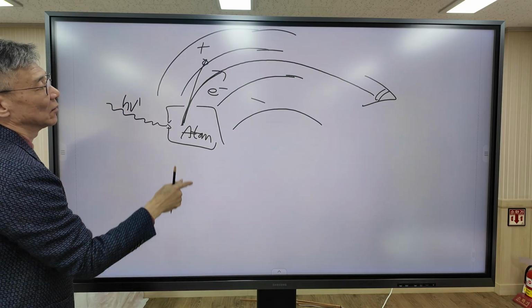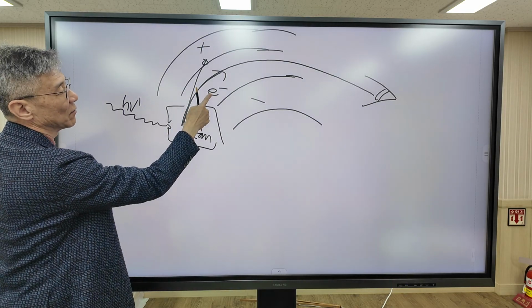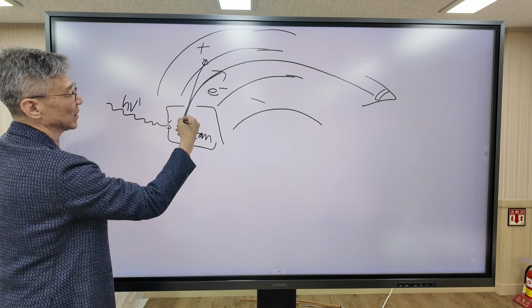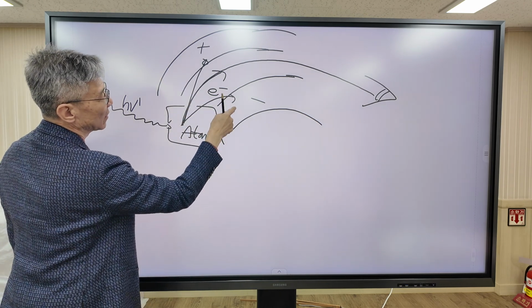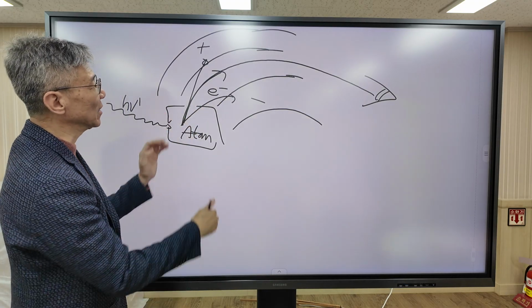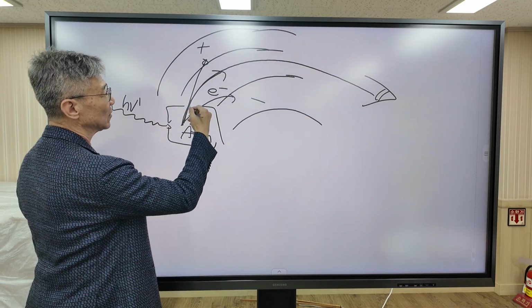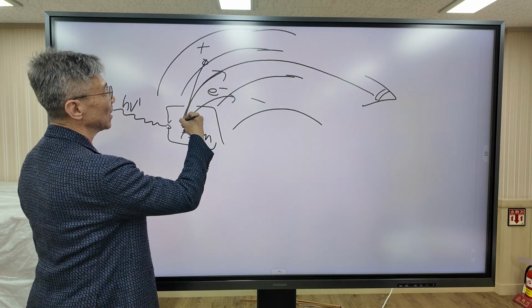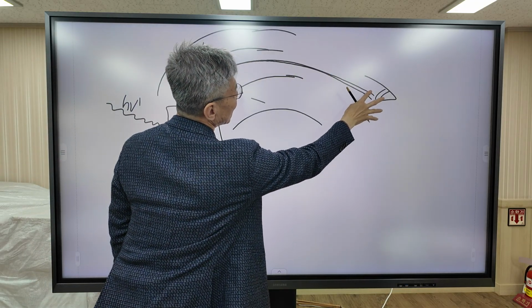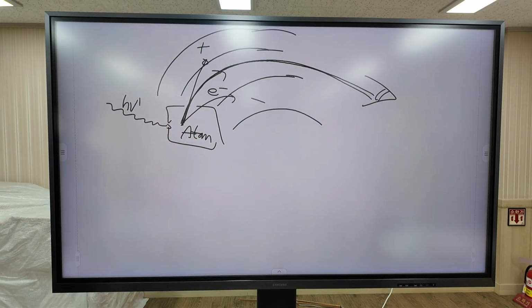In contrast, when the kinetic energy of the electron is much smaller compared to the electric field, then it collides with the lower part of the electrode. So it cannot reach the detector. So only electrons with proper kinetic energy can pass through the curved electrodes and be detected by the detector.